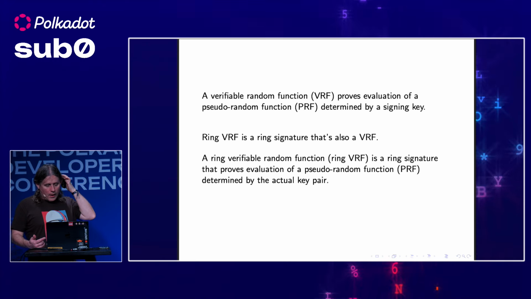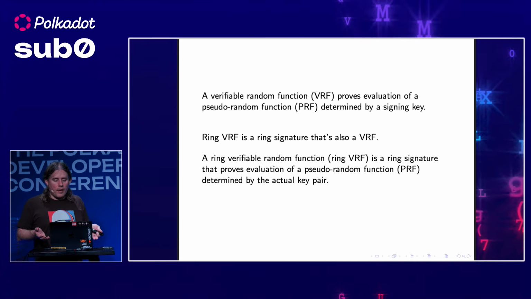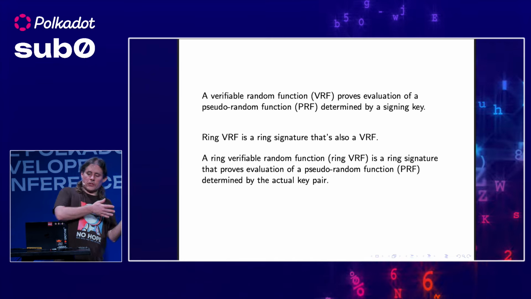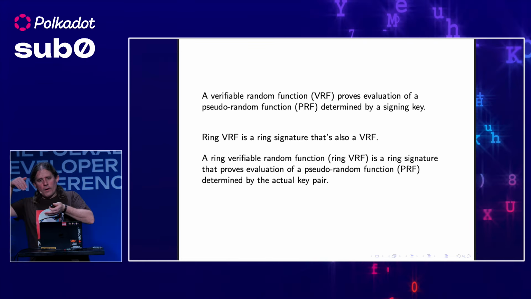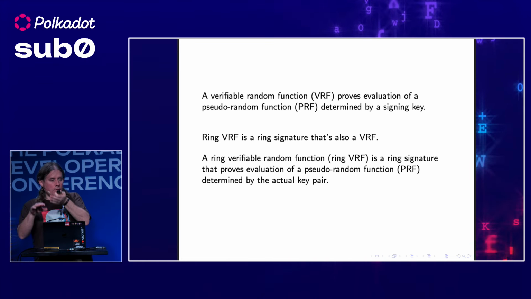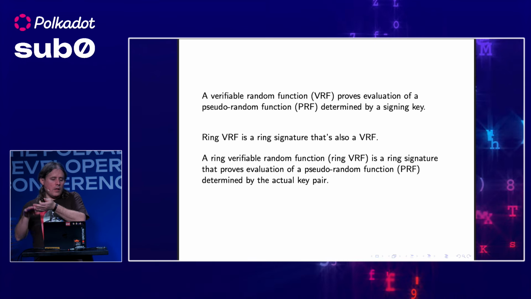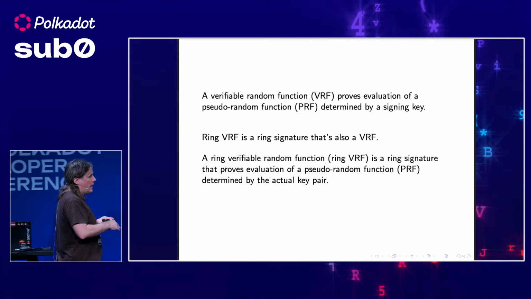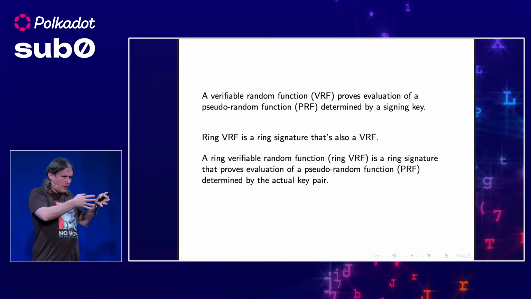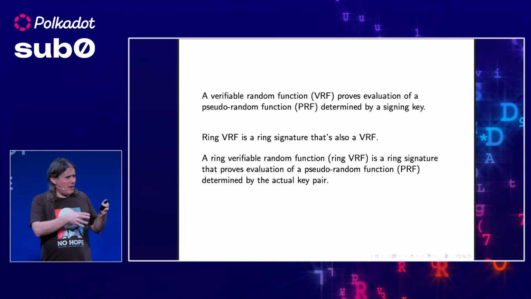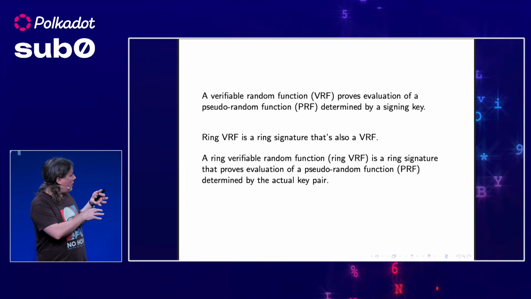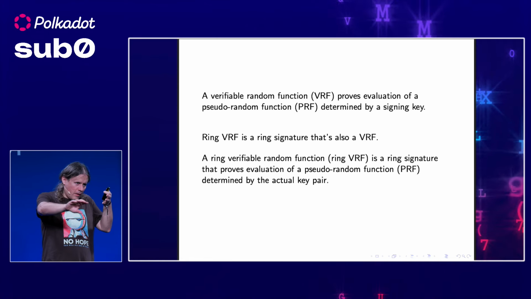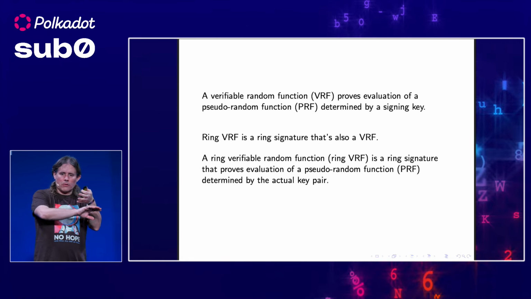Okay. So a ring verifiable random function is just a ring signature that also proves the evaluation of the random function corresponding to the actual signer's key. So what you find out is that one of the signers has signed it, and you're looking at an evaluation of their function, but you don't know whose function it is.